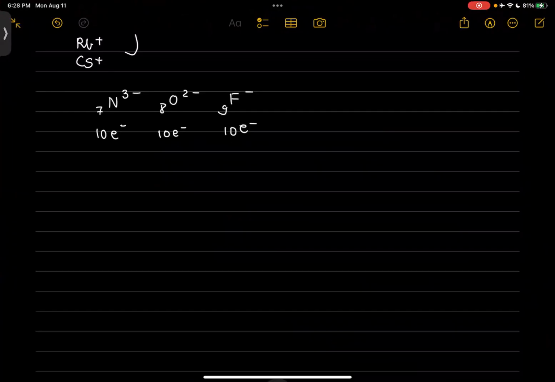N is the smallest. Which one? N. N has 10 electrons. Let me write the protons also: 7 protons, 8 protons, 9 protons. Tell me. So 9 protons would be the least. Which one will be the biggest?